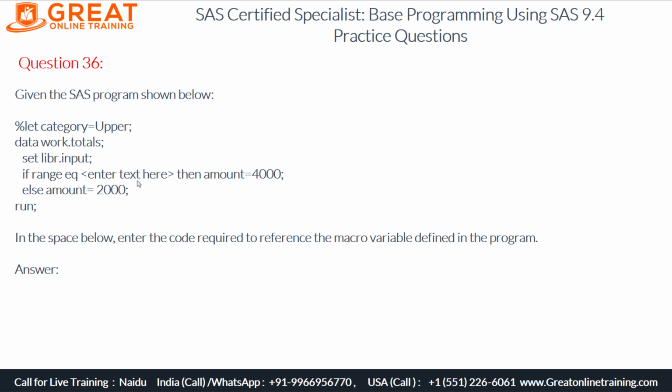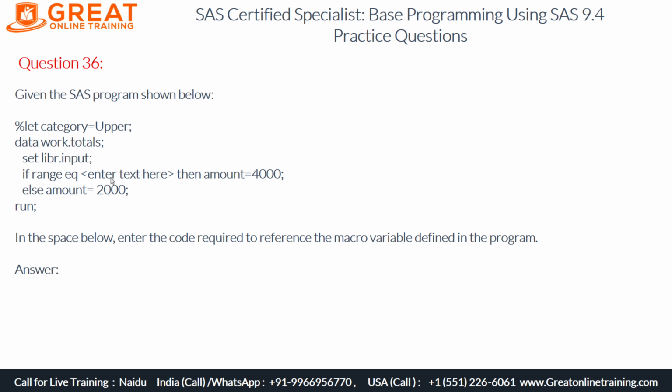So if range equals, in place of "enter text here", there we have to keep the macro variable, because the question says enter the code required to reference the macro variable defined in the program. Here we have defined it as upper. So if range equals upper, then amount equals 4000. If we had not created the macro variable, we could keep it as if range equals upper, then amount equals 4000, else amount equals 2000.